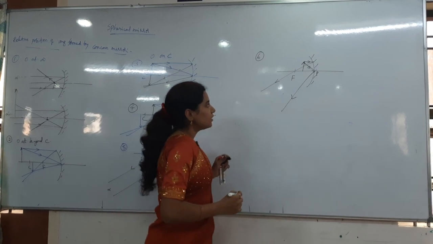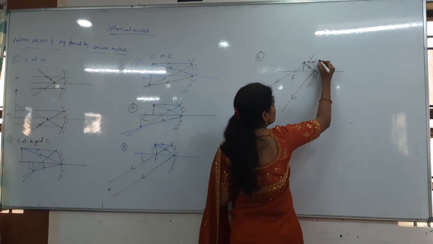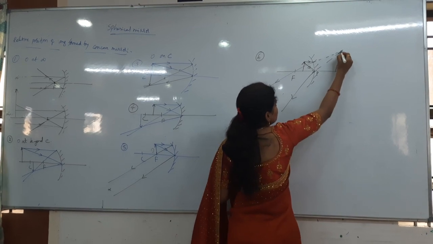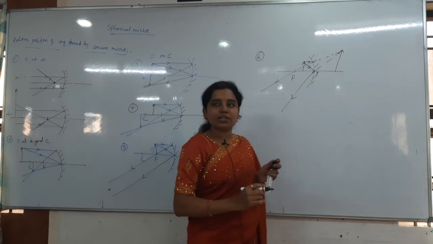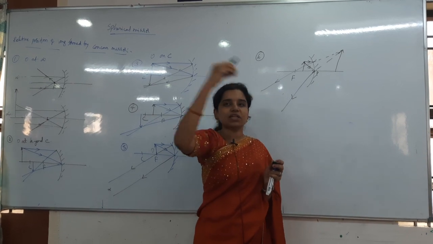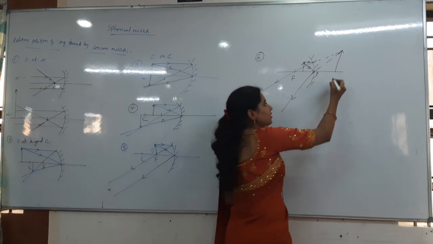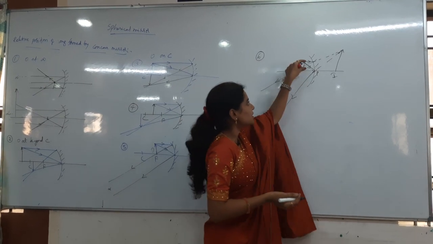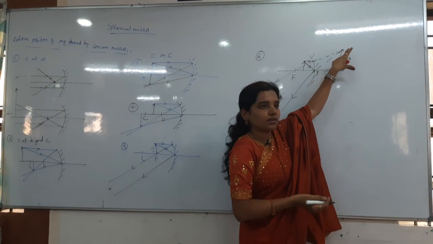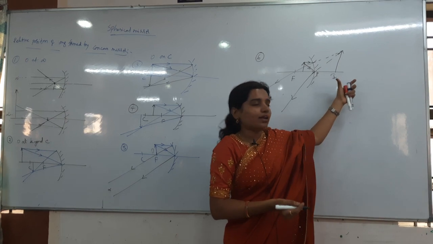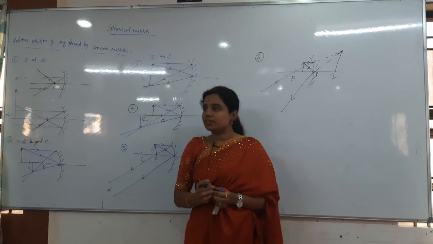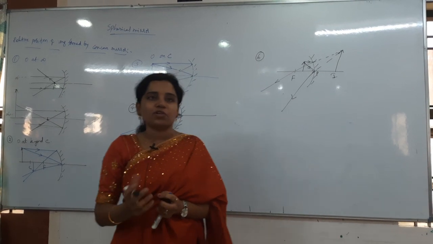Now whenever I extend them in the opposite direction, I can form an image known as a virtual image. That is an enlarged image, because my object size is very small and the image we got is larger. Is it erect or inverted? Erect. Clear? Because it has the same orientation.